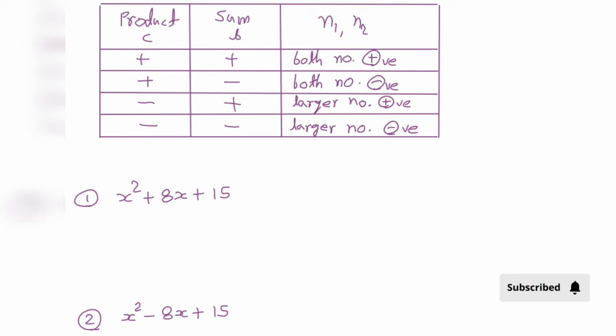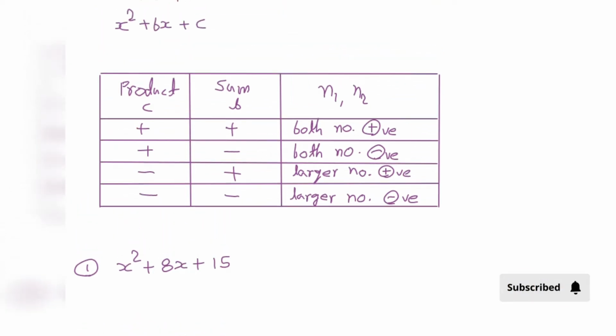Okay, so let's try these examples. x square plus 8x plus 15. We can compare with the table. C, the product, is positive 15, and B, the sum, is 8. Both are positive, so this is the first situation, and both numbers are positive.